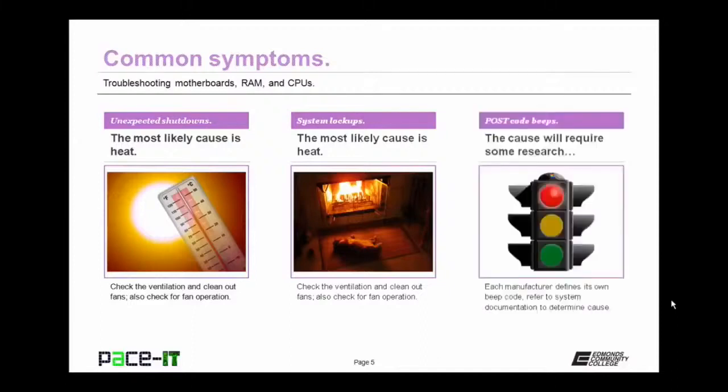Then we move on to postcode beeps. This is where you get a series of beeps when you're booting up the system. Now the most likely cause is, guess what? We don't know, because each manufacturer defines their own beep codes. So you need to refer to system documentation to determine the actual cause for the postcode beeps, and/or get a postcode card.